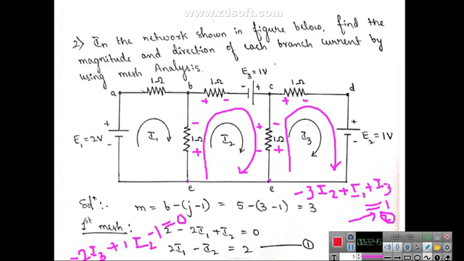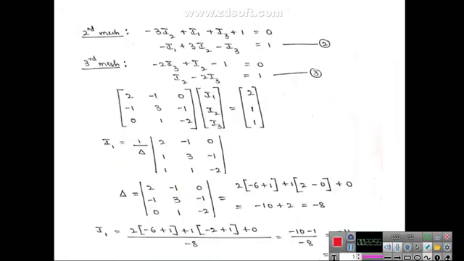That is how you need to write the loop equations for these loops. So the mesh equation is minus 3I2 plus I1 plus I3 plus 1 is equal to 0. If you rearrange, this is your mesh equation number 2. Similarly, this is mesh equation number 3.